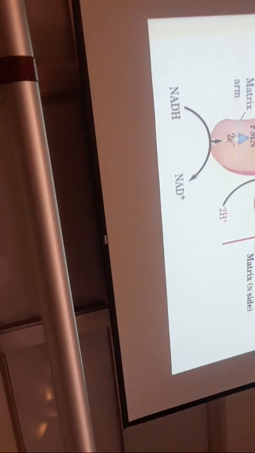This is overall an L-shaped protein, and we see that electrons here that come from NADH in the mitochondrial matrix are transferred first to flavine mononucleotide, and from there, via a couple of iron-sulfur clusters, they're transferred to our first mobile electron carrier, ubiquinone. So, a couple of things are important here.